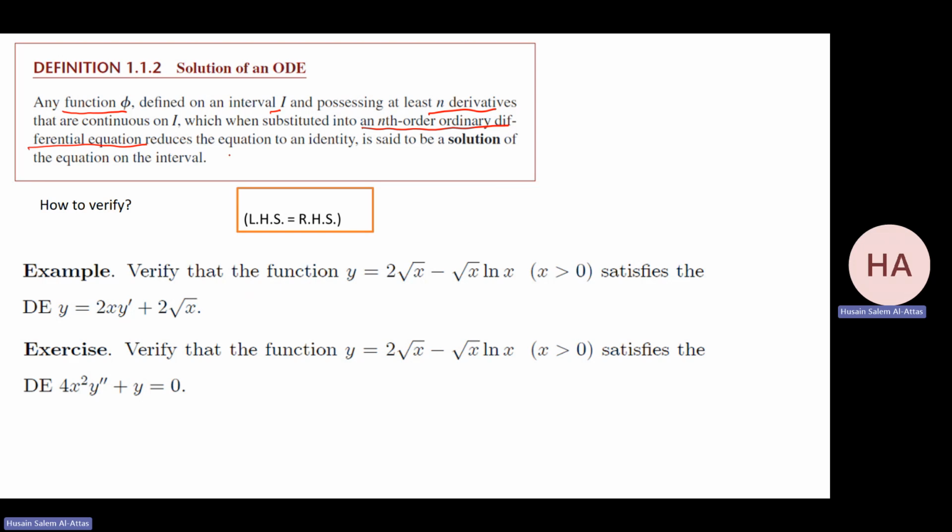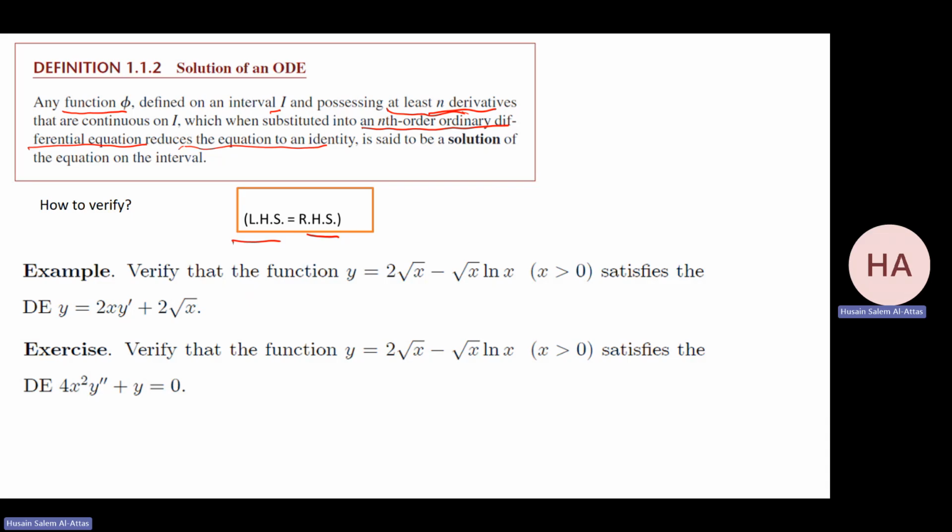If we substitute phi, we get an identity: the right-hand side is equal to the left-hand side. This will be a solution. I want it to be differentiable, with at least n derivatives, and that should be continuous.